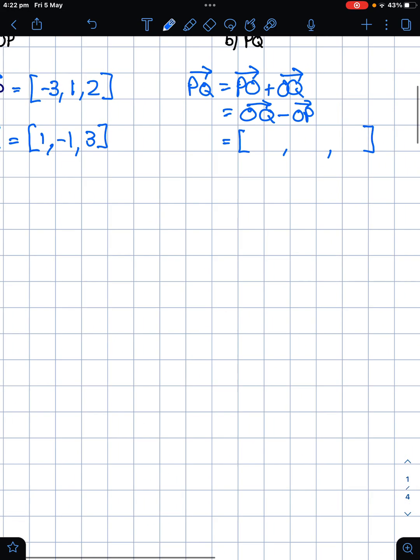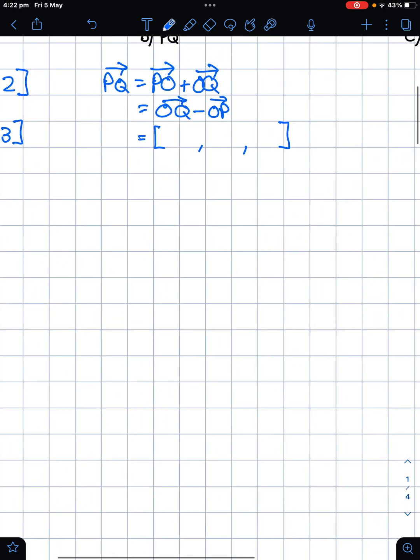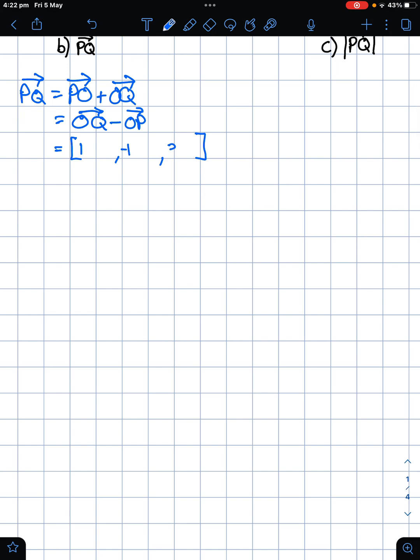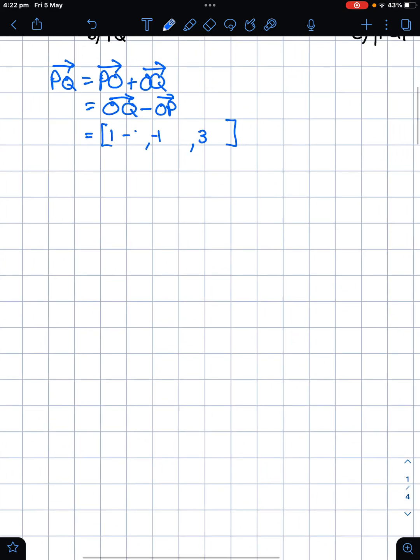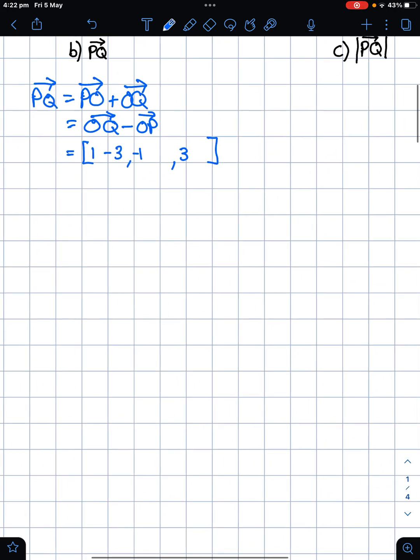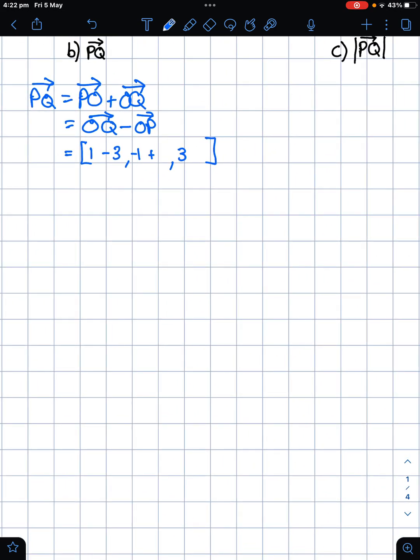So OQ, which will be our first thing, is 1, negative 1, and positive 3. And then OP is negative 3, plus, sorry, I've missed this negative sign here. So these will all be negatives. Let's erase that and I'll put these negatives in first.